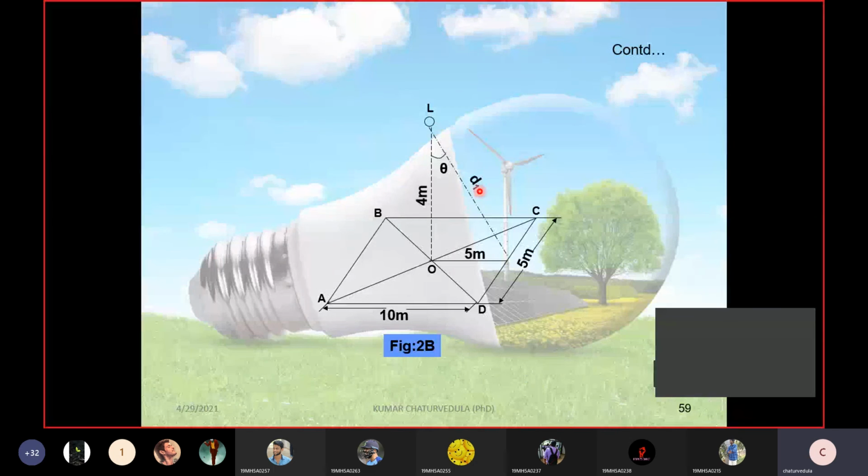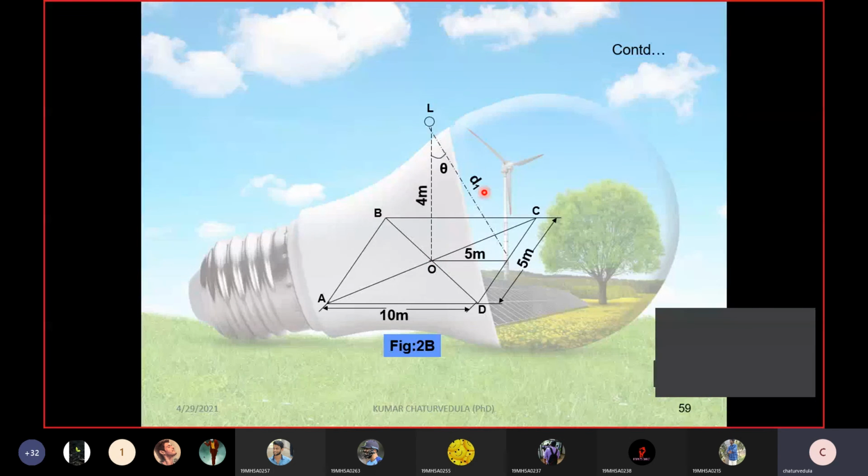We don't use D, because we have already taken L and C to be D. Since this point O is exactly the center, half of the 10 meters is 5 meters. We know this height is 4 meters and this distance is 5 meters, so d1 is equal to root of 4 square plus 5 square.